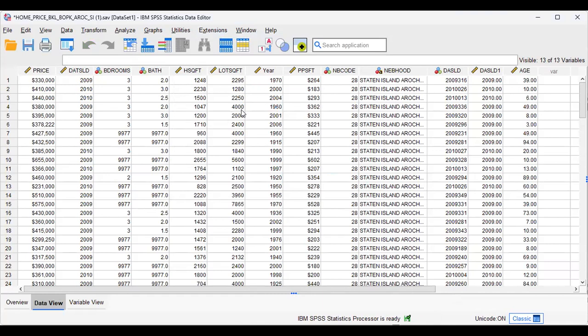Now I can also think about including the lot square foot, that is the size of the lot on which the house is built. Some people like a big yard, and they're willing to pay for it. I grew up around big yards. So when I was trying to buy my house in New York, I kept looking for a house with a big yard. And that made it a little costly.